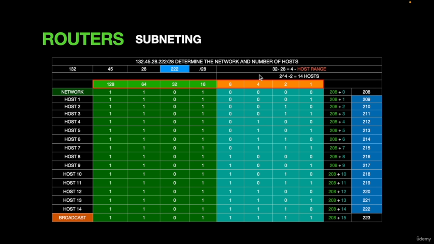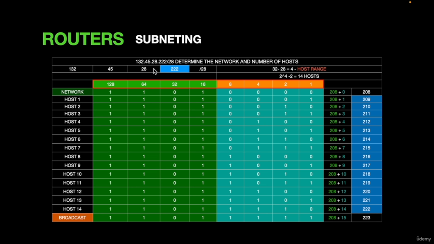This can be easily calculated by taking 2 to the power of 4. The 4 is the number of bits available, 32 minus 28 equals 4, and 2 to the power of 4 minus 2 will equal 14 hosts. So in this network, we can have 14 hosts. In fact, there are 16 addresses in total, but we should also deduct the network address and the broadcast address.